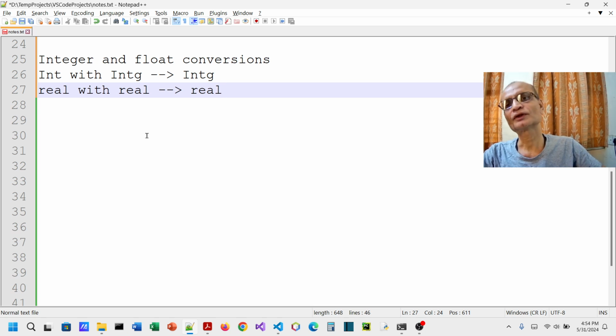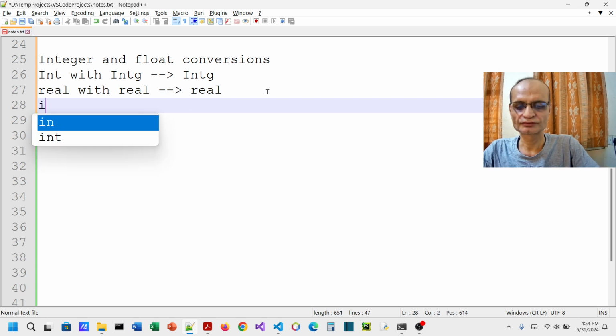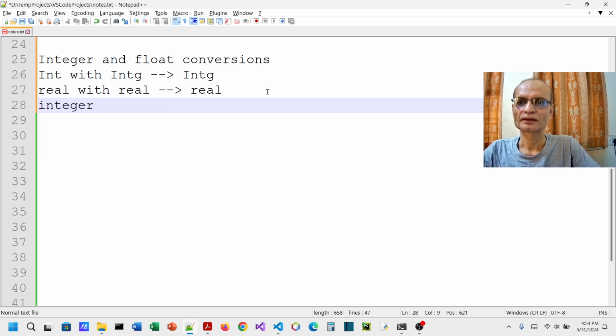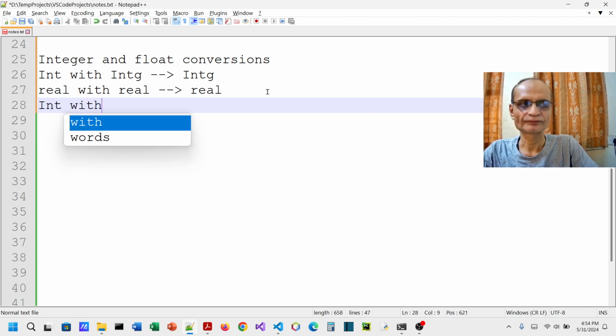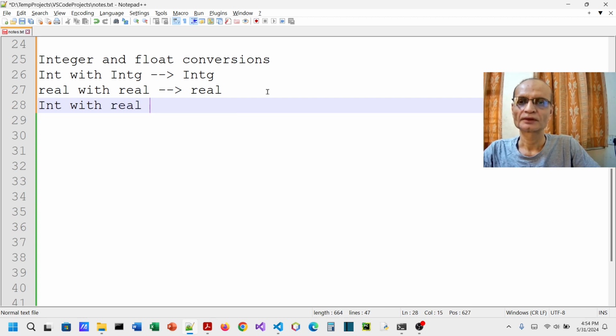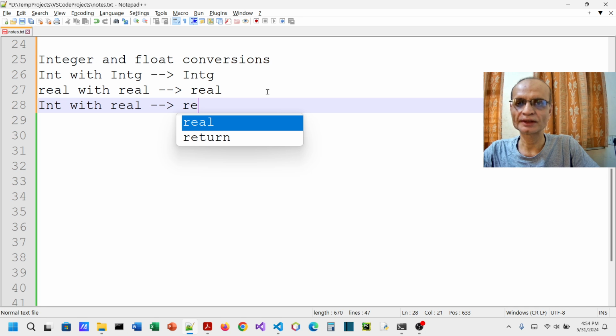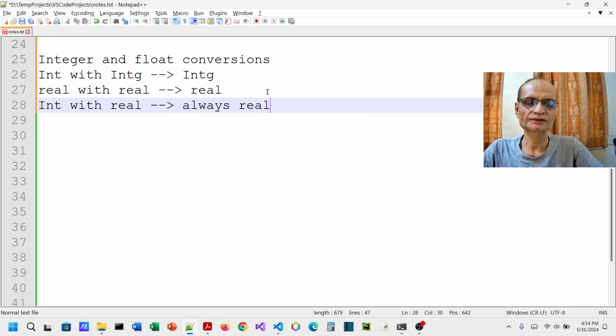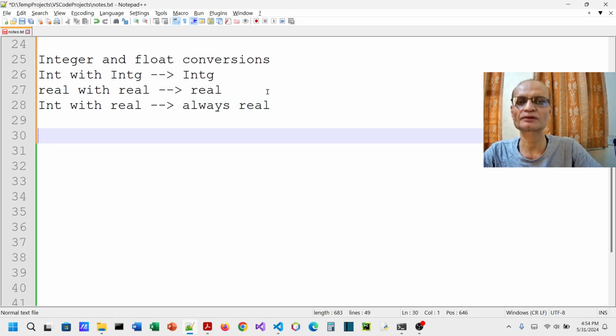However, when we have an operation with integer and real, this is always going to yield real. This is very important. It's not like sometimes real or something like that. That means whenever we have an arithmetic operation with this type of combination, the integer will be promoted to a real.